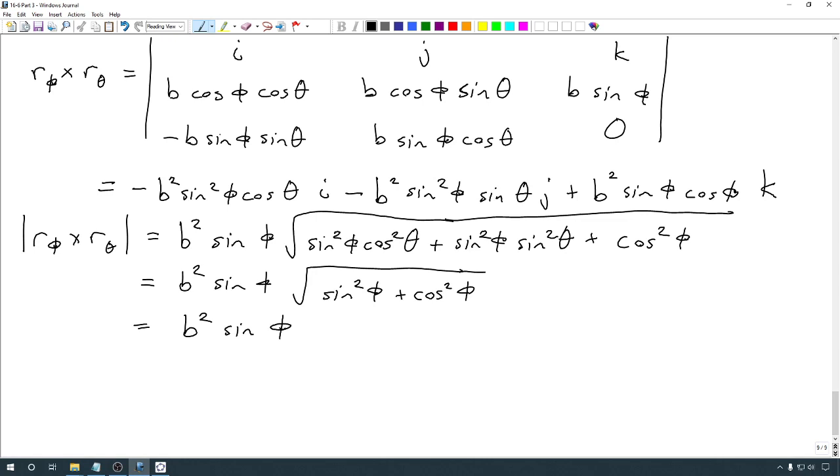Now, actually this should not be surprising at all. Remember, b here is our radius. So you could actually view this as rho squared sine phi. It's exactly what we've been using when we do any integrals in spherical coordinates. In fact, this is exactly the computation that you do.